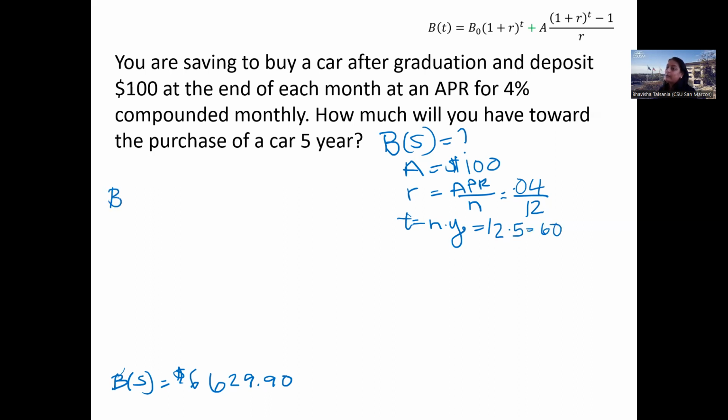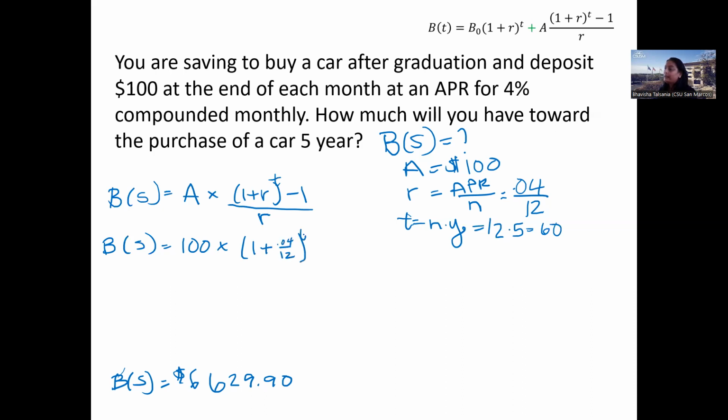And so the equation we're trying to figure out is A times 1 plus R to the T minus 1, all that divided by R. And so when I plug everything in, I should get 100 times 1 plus 0.04 over 12, all that raised to the 60th power minus 1 divided by 0.04 divided by 12.